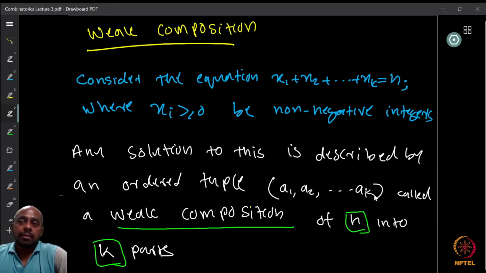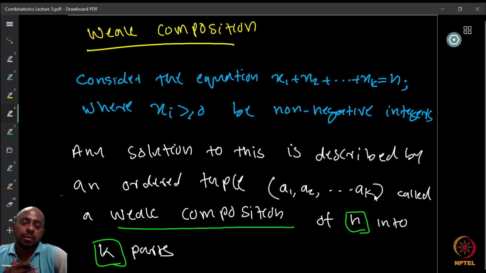So consider the equation summation xi is equal to n, where i ranges from 1 to k. So x1 plus x2 plus etc. xk is equal to n. Now the xi's are restricted to be non-negative integers, that is, they can take value 0, 1, 2, etc. Now given this condition, look at any possible solution to this, right?